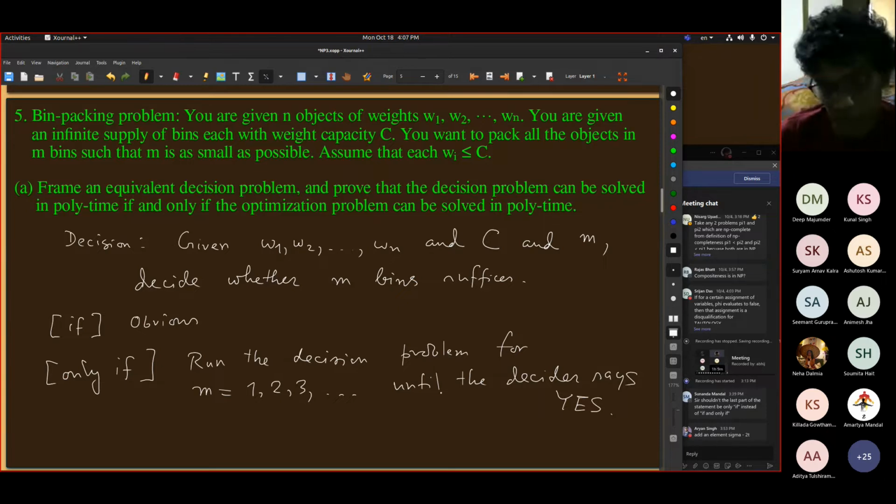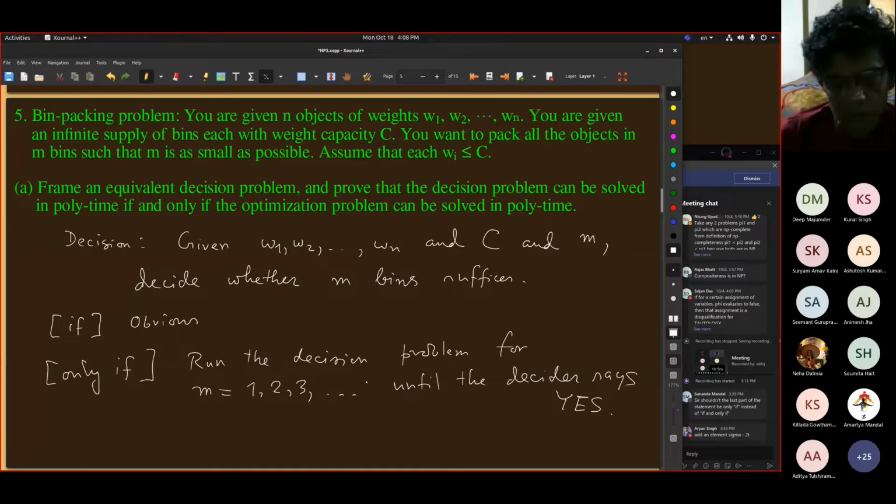And of course, since each invocation of the decider takes polynomial time, you are multiplying the running time by a factor of n. Eventually, n bins will suffice under this condition. So in the worst case, you have to ask up to m equal to n.